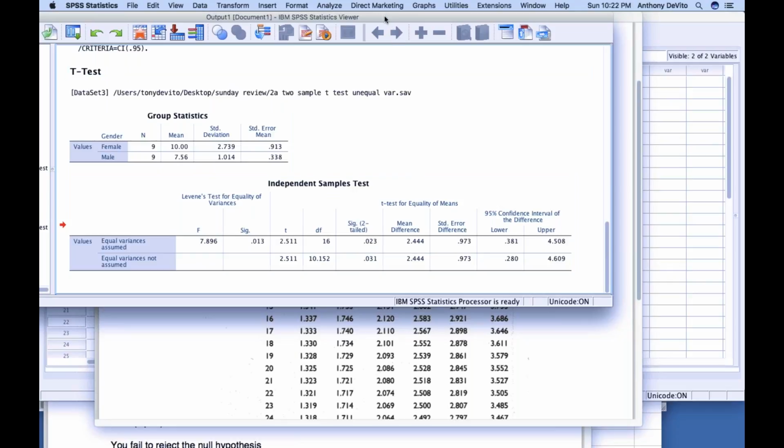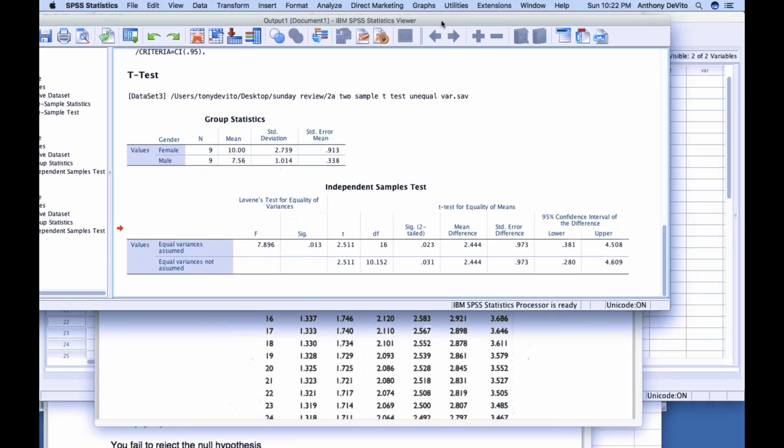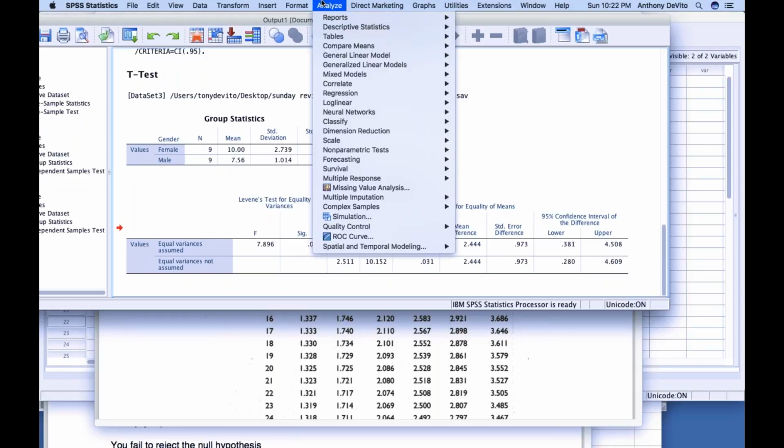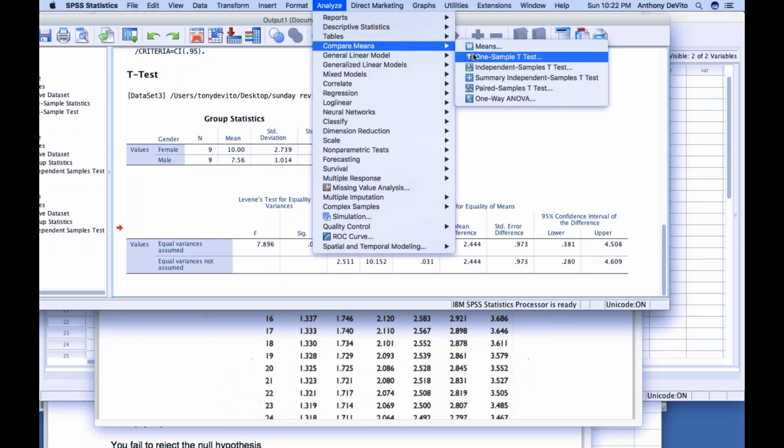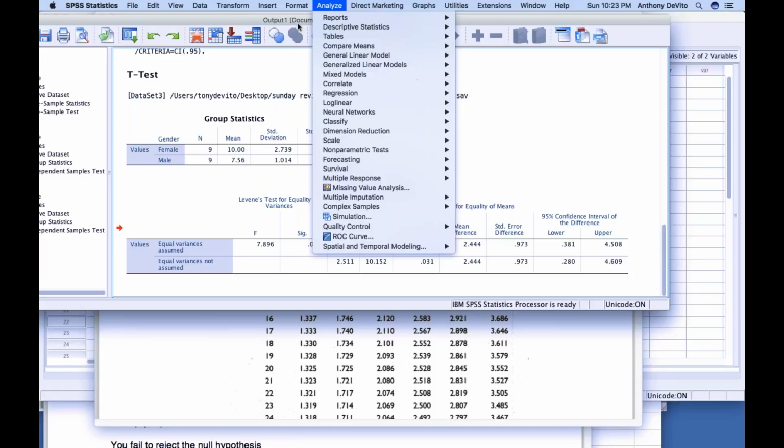Okay, so there's one other possibility that we haven't discussed. And you might have noticed if I go to Analyze, Compare Means, there's a couple of other options here. This one we're going to get to in the coming weeks. This one over here is something that we started to discuss also, paired sample t-test. Well, what does that mean?